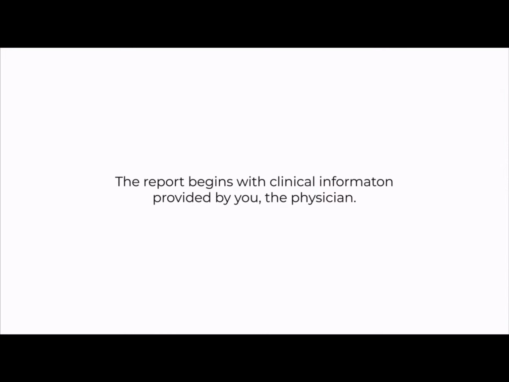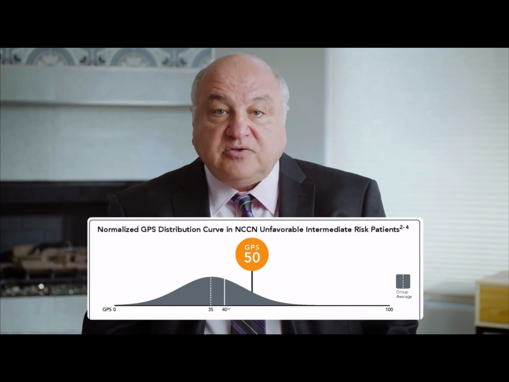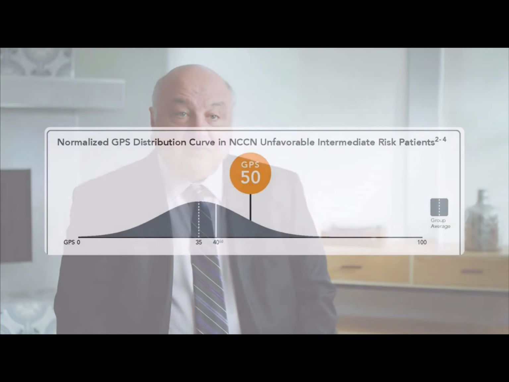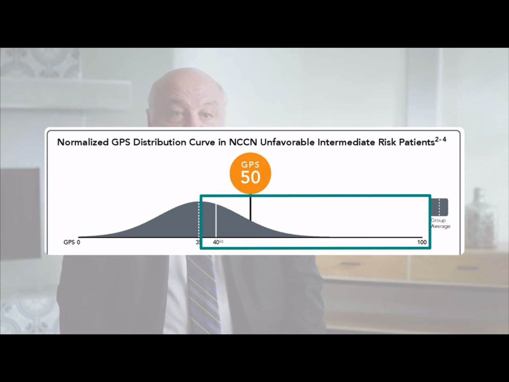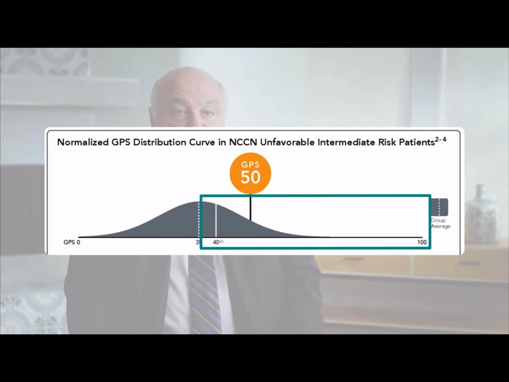The report begins with clinical information provided by you. Next, the GPS result is put into context visually in a distribution curve that shows where it falls relative to other patients with the same clinical risk. If the independent GPS result falls to the right of the center of the curve, it means the risk of adverse outcomes is higher than the mean GPS result for other patients with similar clinical features.